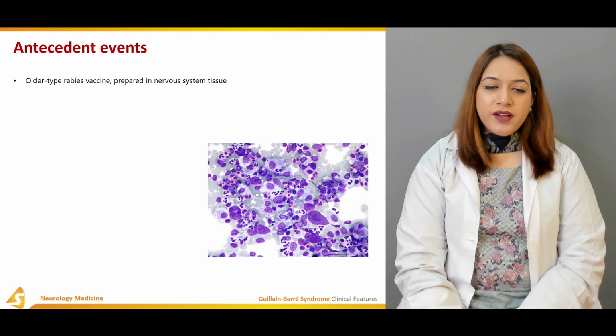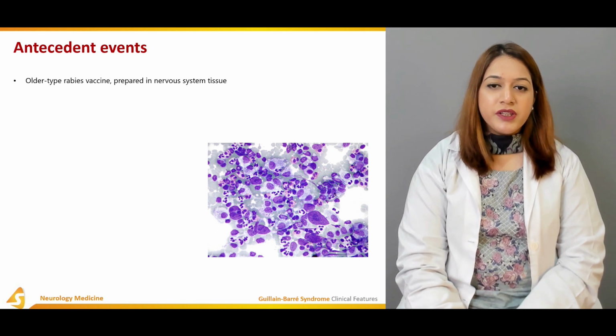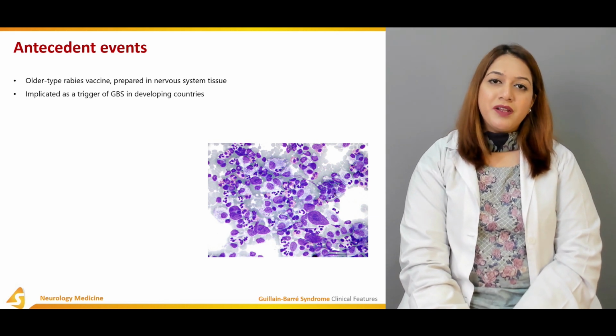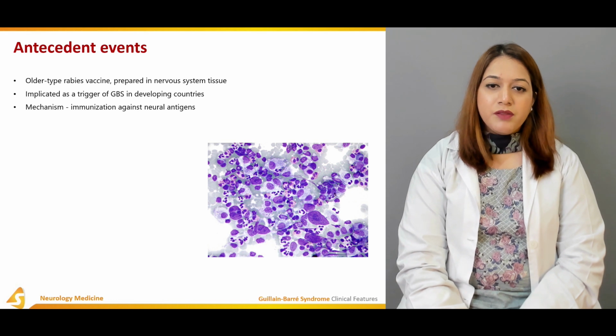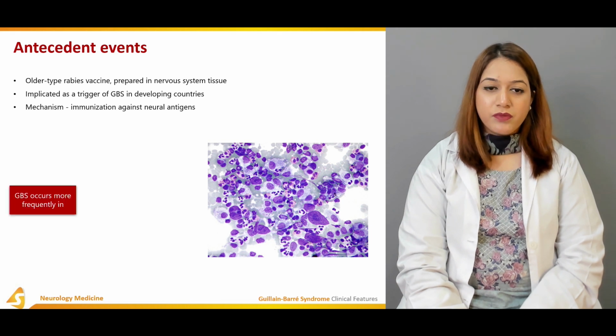There are certain other vaccines as well, such as the older type rabies vaccine that is prepared in the nervous system tissue. It is implicated as a trigger of GBS in developing countries. The mechanism is that immunization develops against the neural antigens.